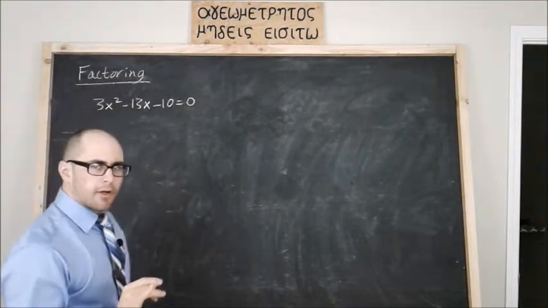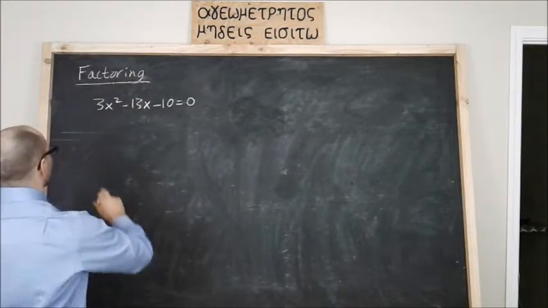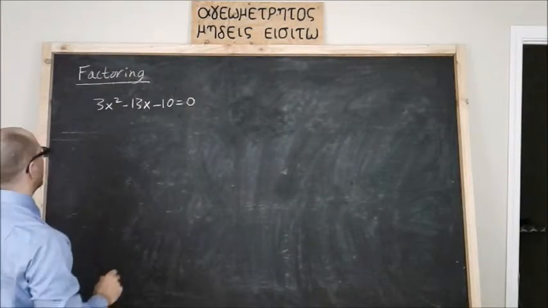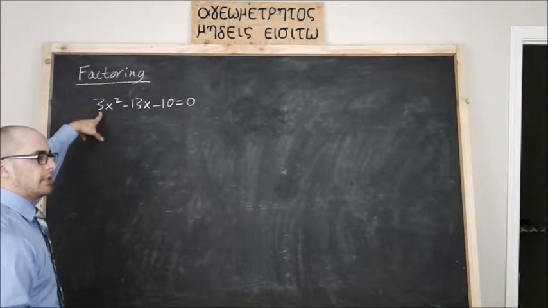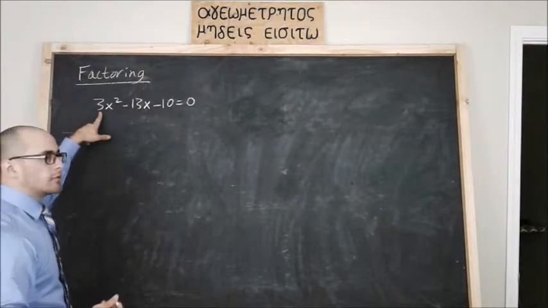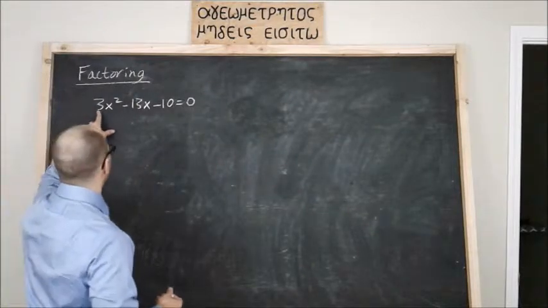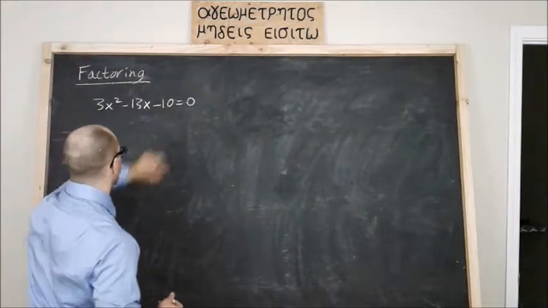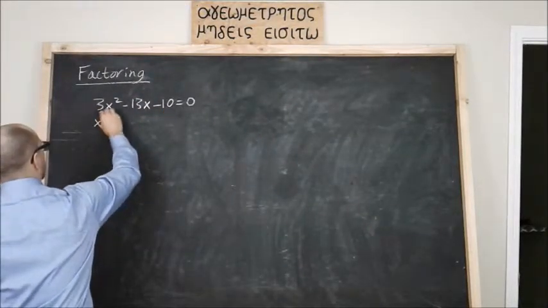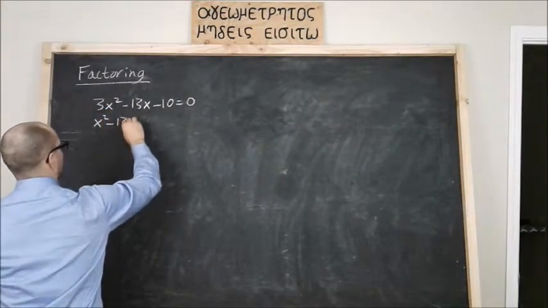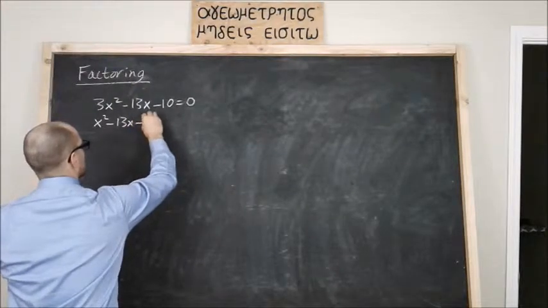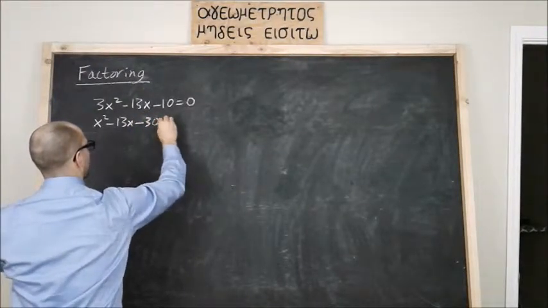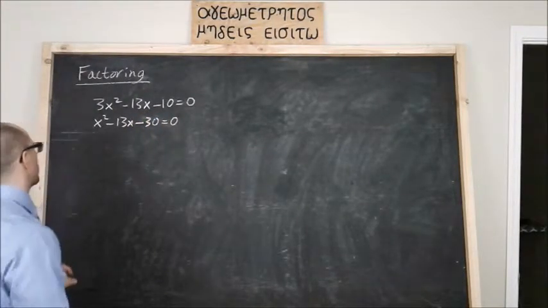So remember from the illegal factoring method, what do we do first? Well, firstly, we notice that the leading coefficient is 3, so that's not equal to 1. We're going to multiply that by the last term. So I get x squared minus 13x stays the same, 3 times negative 10 is a negative 30, equal to 0.